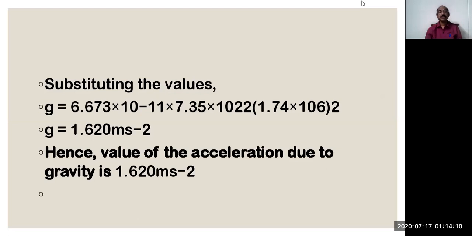And the distance traveled by the body in the nth second, Sn equals u plus a into n minus half, changes to u minus g into n minus half. This equation may also be written as Sn equals u minus g by 2 into 2n minus 1.